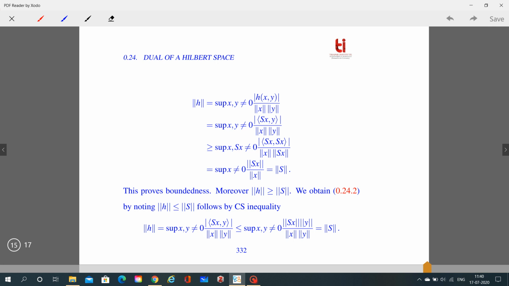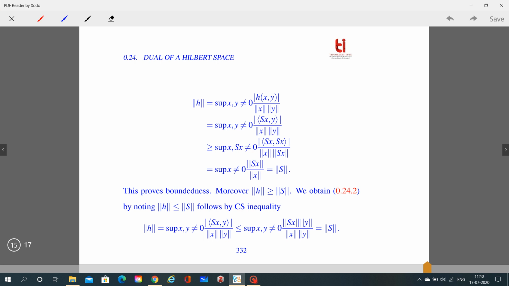Further, this is greater than or equal to the supremum over non-zero x of the modulus of the inner product of Sx comma Sx over the norm of x times the norm of Sx, which can be written as the supremum over non-zero x of the norm of Sx over the norm of x, which is equal to the norm of S.